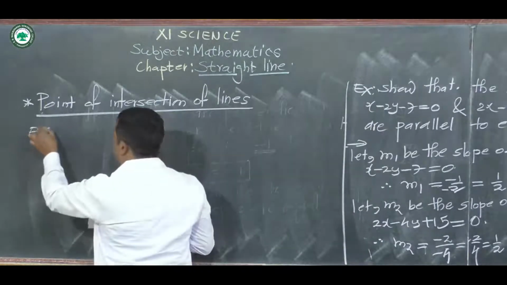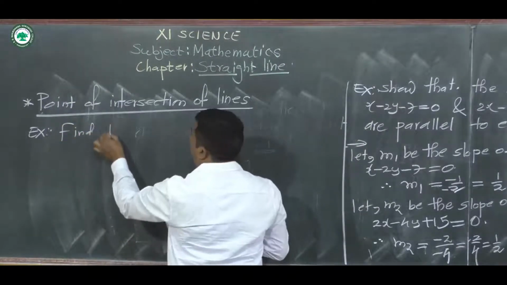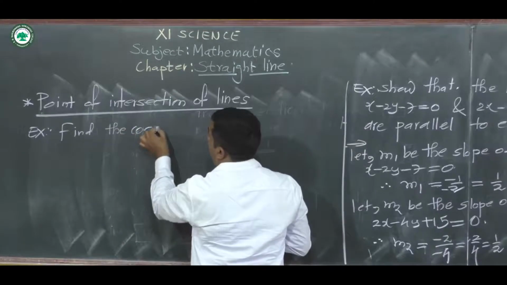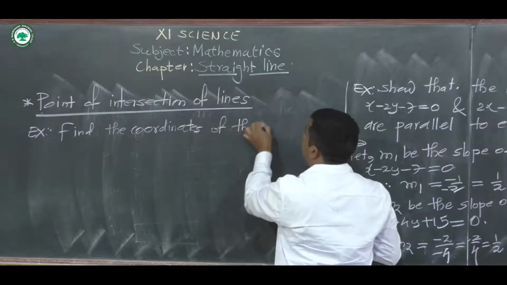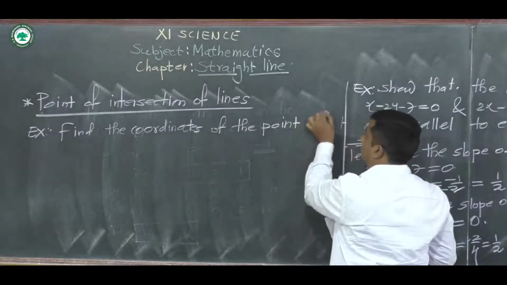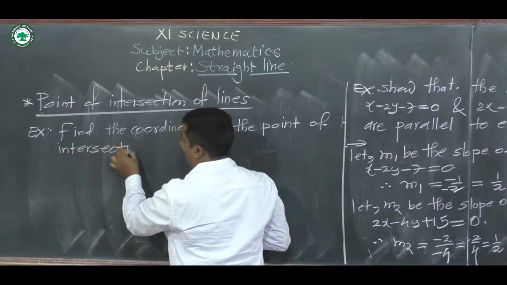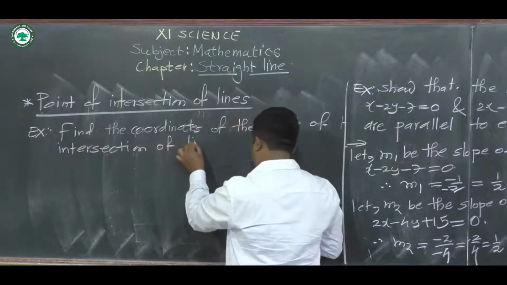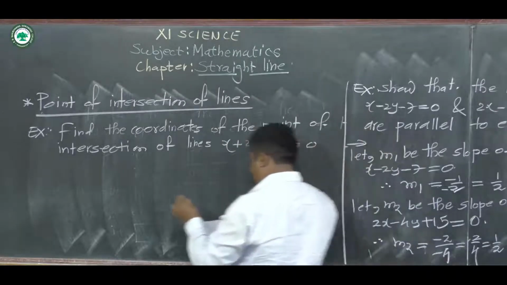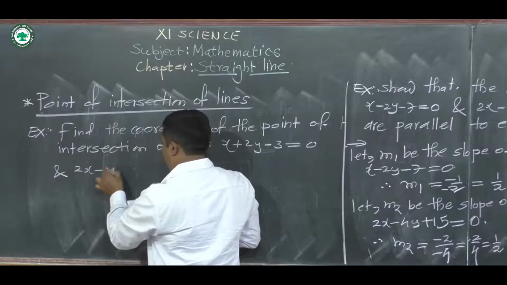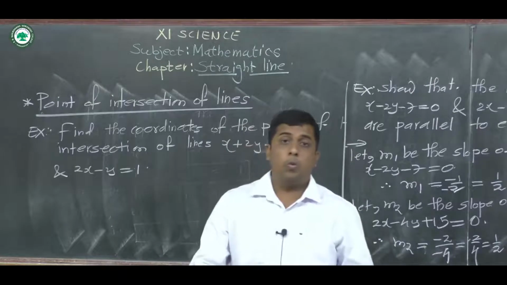Here in first example, given, find the coordinates of the point of intersection of lines x plus 2y minus 3 equal to 0, and 2x minus y is equal to 1.